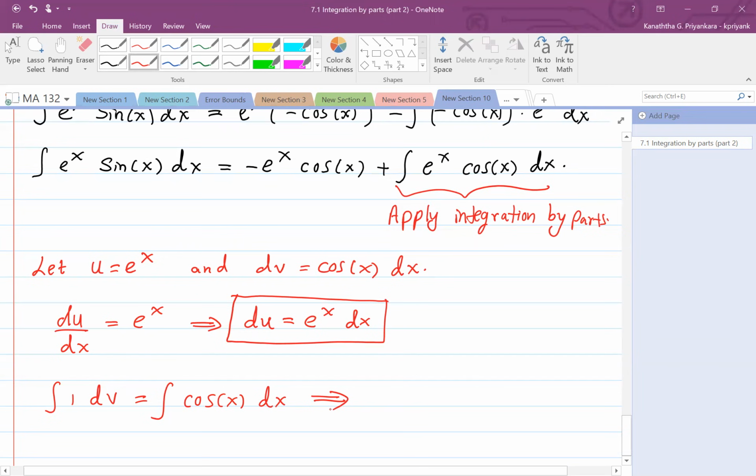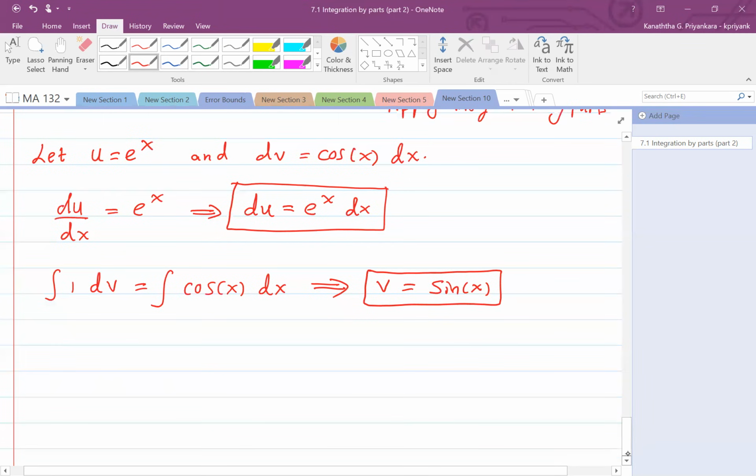The integral of 1 with respect to v is v, and an antiderivative of cosine is sine x. Again, you can check whether you have the right v. Take the derivative: the derivative of sine is cosine. So we have the same thing, which means we have the correct one. Now you can apply the formula: integral u dv equals uv minus integral v du.